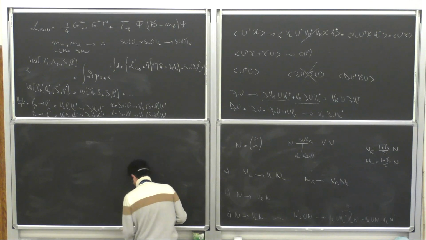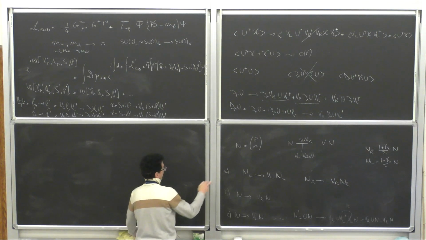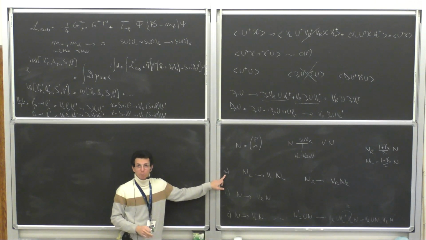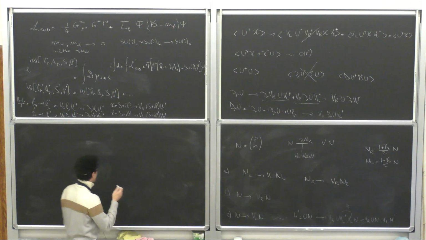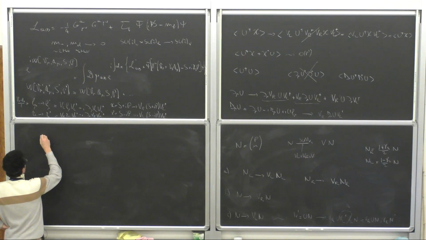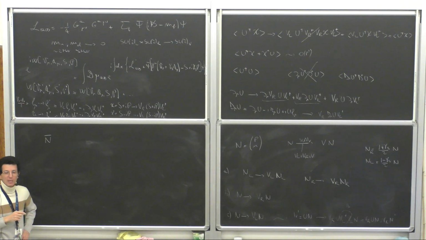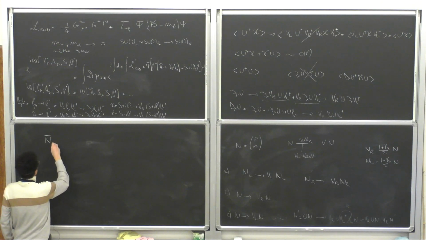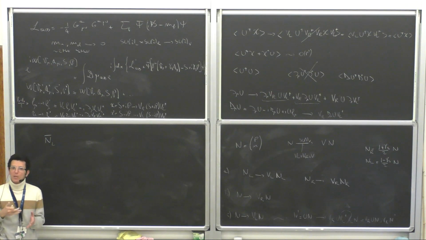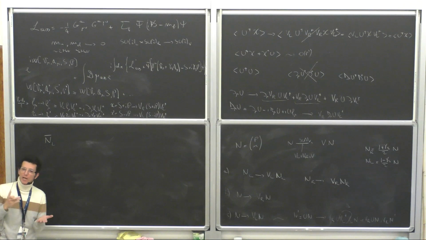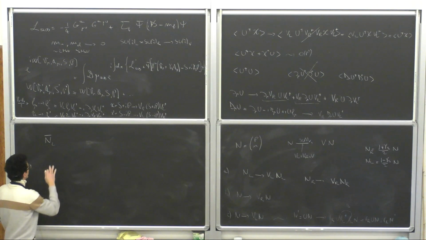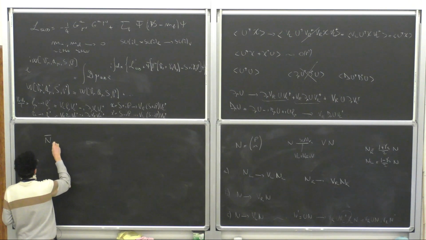For instance, let us choose option A, the most natural one, the parity invariant one, and build the following mass term for the nucleons. You remember the mass term, left and right chirality. Okay, so we can do like that.